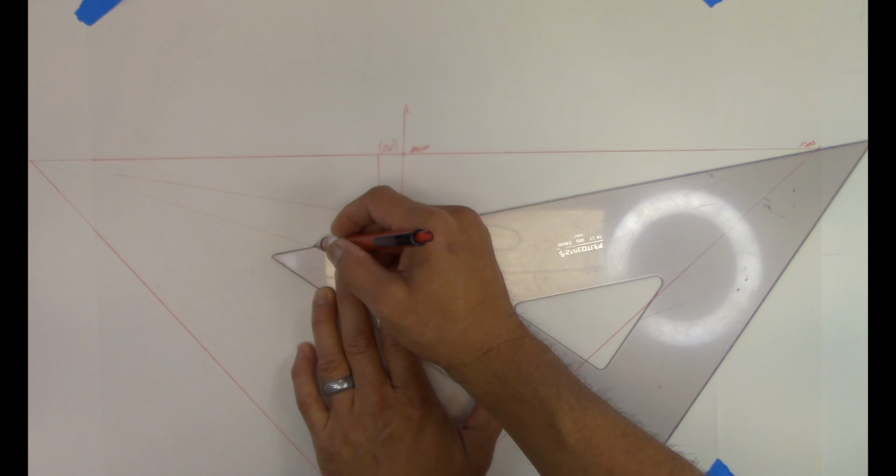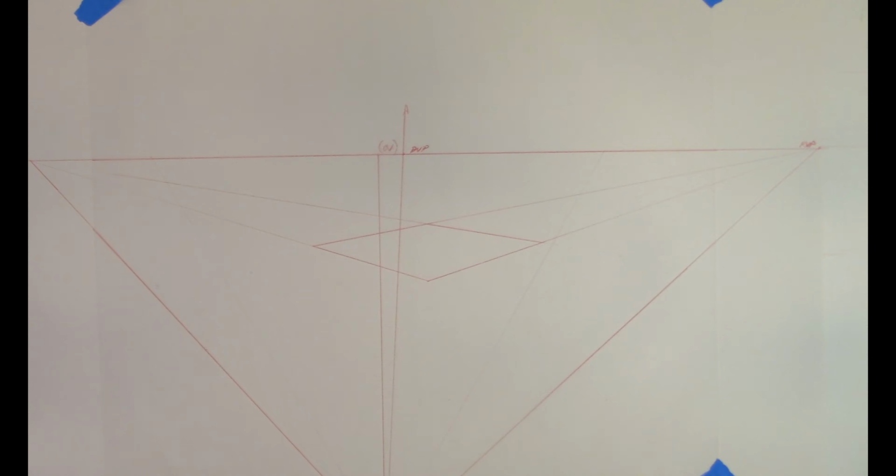So I want you guys to do 5 of them. You can do some above and below the horizon line. You can duplicate them if you want to. You can align them together. In fact, I need to use my other straight edge for this.